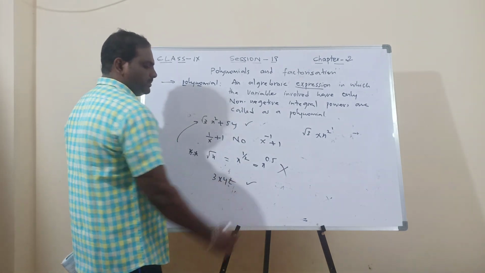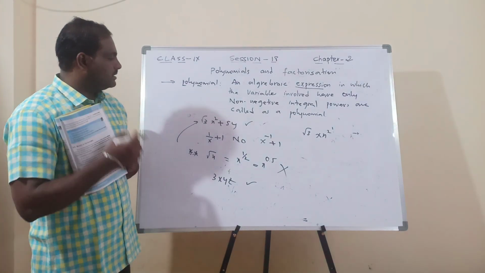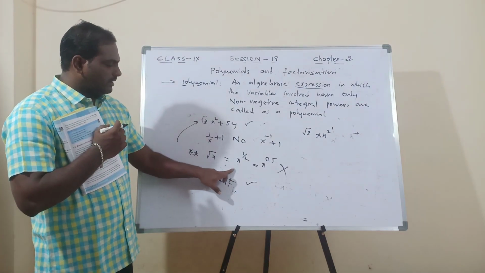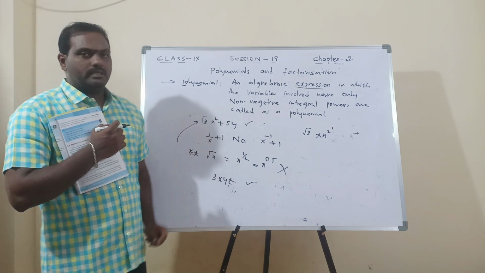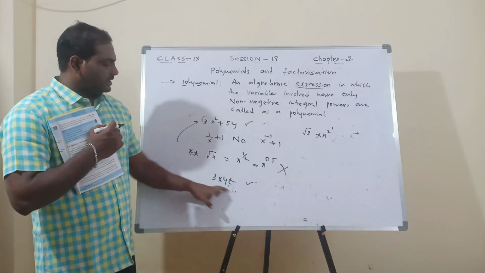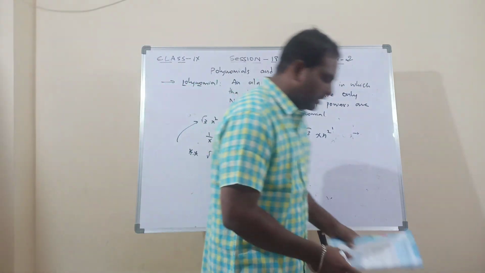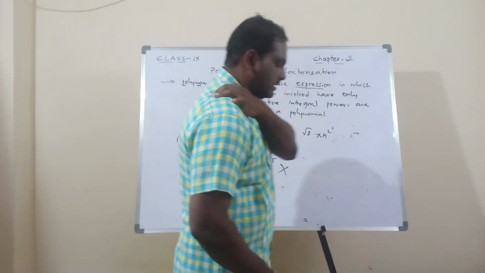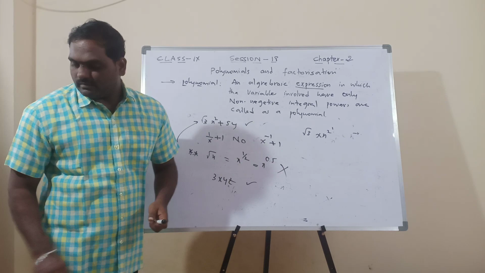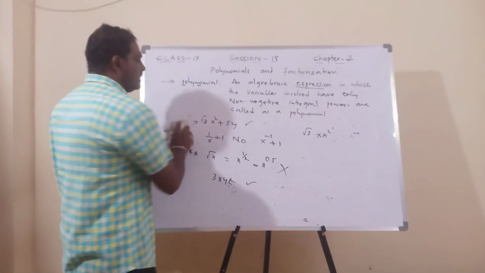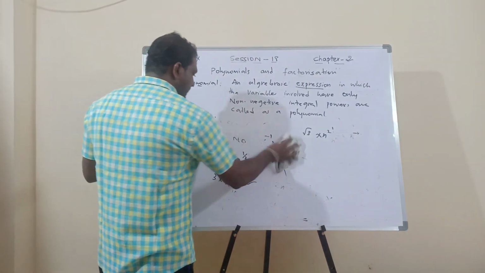Yes, it is also a polynomial because x, y, z all have power 1 only, that too positive, all in the numerators. So this is the way to understand what are polynomials and which are not polynomials, and what is the reason for that. Okay, next I'll go for the next one.